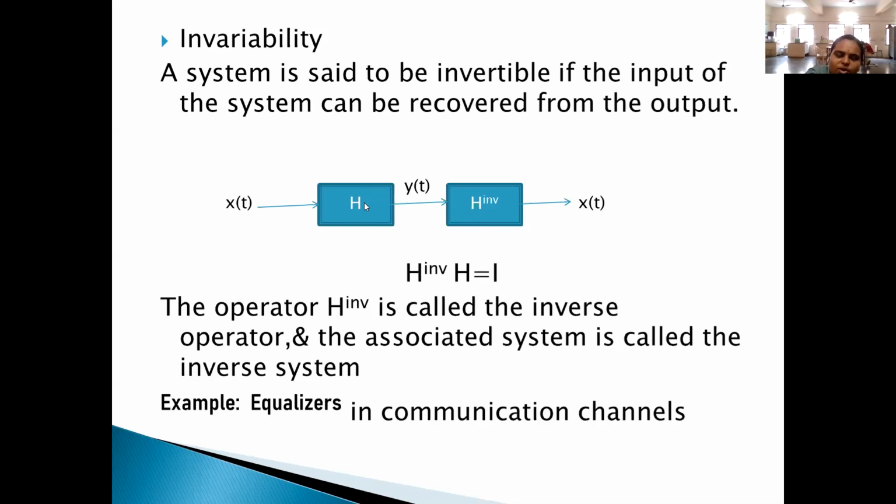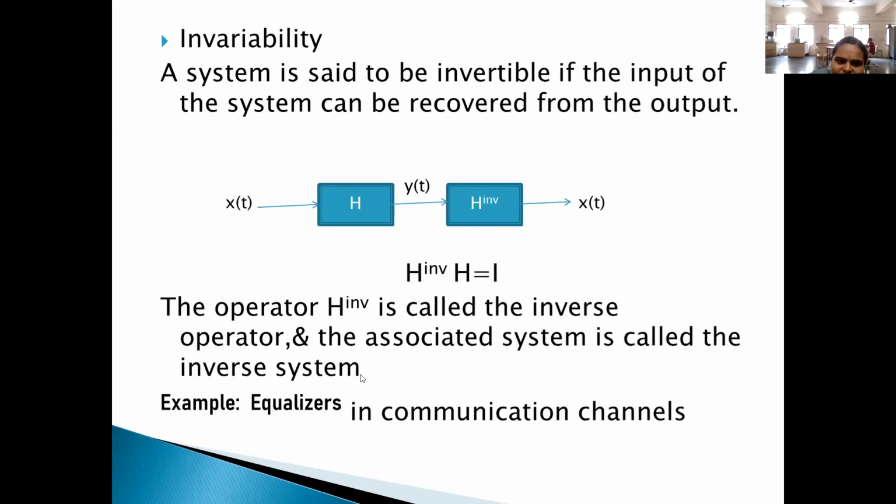That is invertibility. Here the operator is taken as h and h inverse, and the intermediate signal is y of t. When I multiply h inverse into h, I will get the identity operator, that is I.